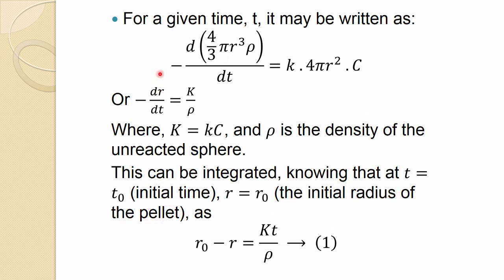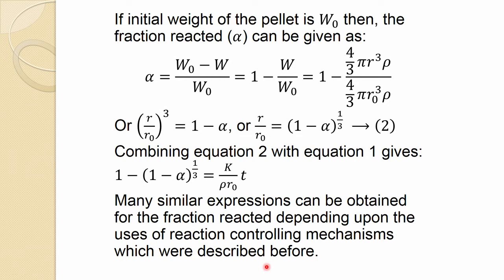If you integrate it between these limits, dr from r naught to r, and this is a constant, dt from 0 to t. So you will get r naught minus r equal to k t by rho. This is the equation which can be simplified further.